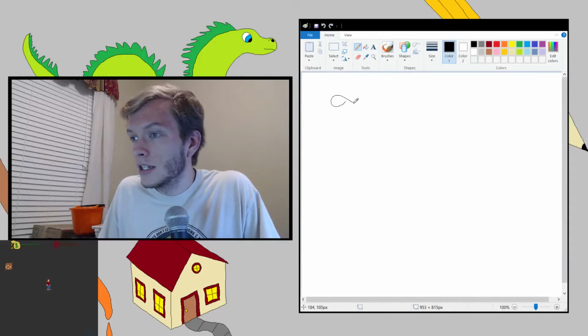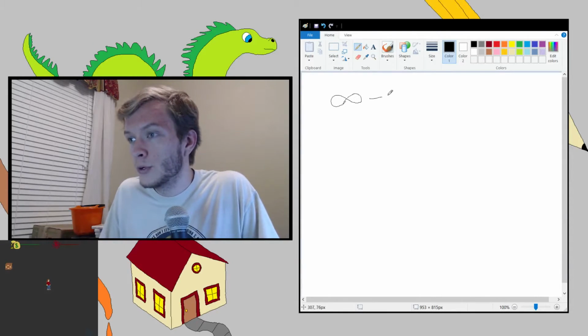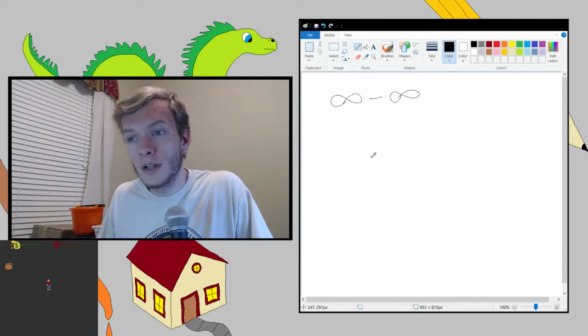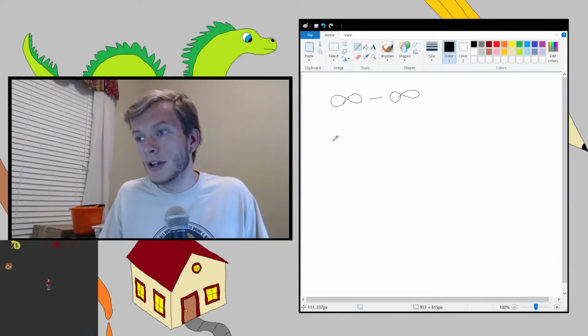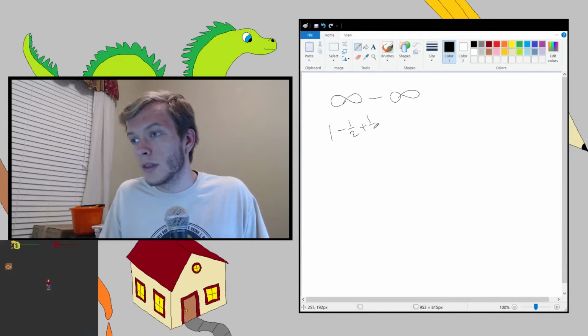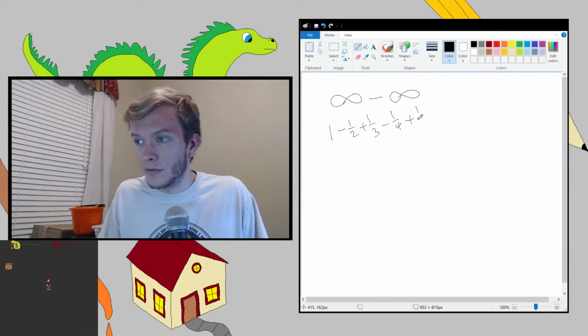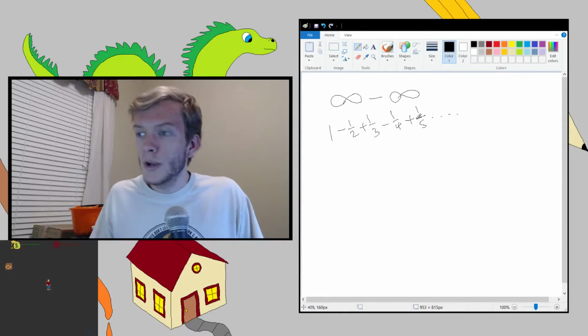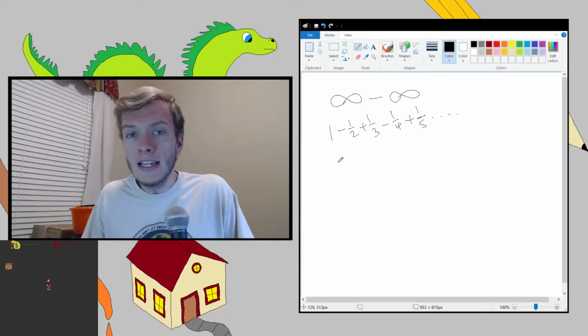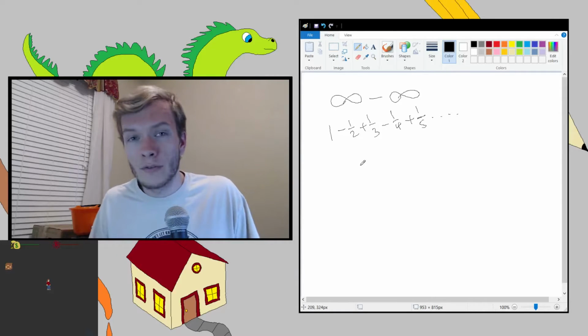There's actually a famous proof that if you have a properly set up infinite series, which means it's like a pattern of numbers, like 1 minus 1/2 plus 1/3 minus 1/4 plus 1/5 and so on, you can rearrange this so that it equals whatever number you want.